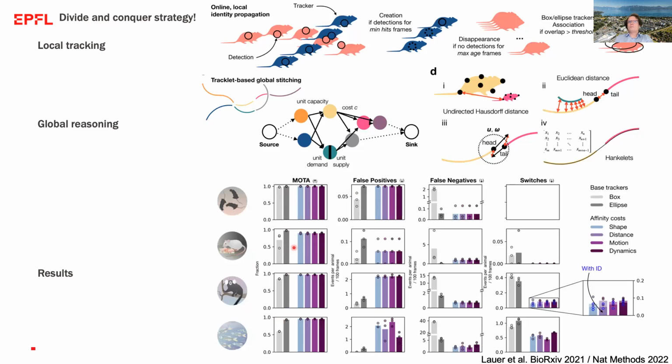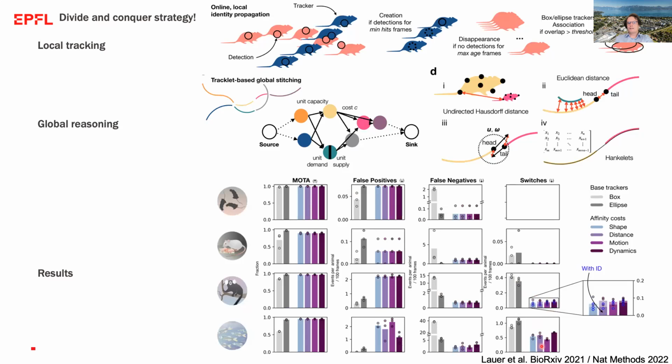And then we can also improve this performance further by using global reasoning. This can be best seen if we look especially at the marmosets and the fish, where tracking is extremely challenging, versus the other two data sets for which local trackers are almost perfect already. We can see for the marmoset and the fish that by using stitching, we can reduce the errors quite substantially. There's still some remaining errors.